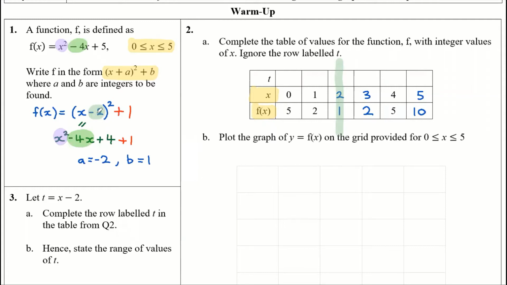Just considering the x subtract 2 all squared, it's the translation of the x squared graph 2 units to the right. So you would expect a line of symmetry along where x equals 2. So that appears to be correct. What we now have to do is to plot this information on the grid provided, for x is 0 to 5. So we'll do that next.